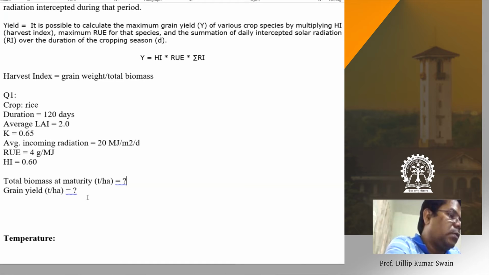Convert into tons per hectare. That will be 3.5 into 10 to the power 4. Tons per hectare, no?